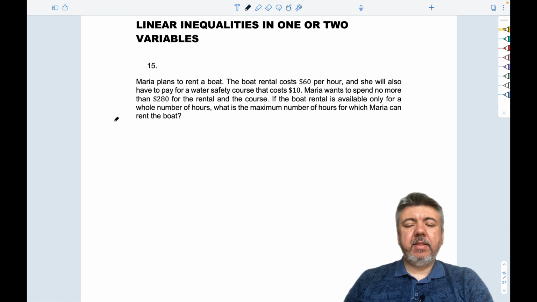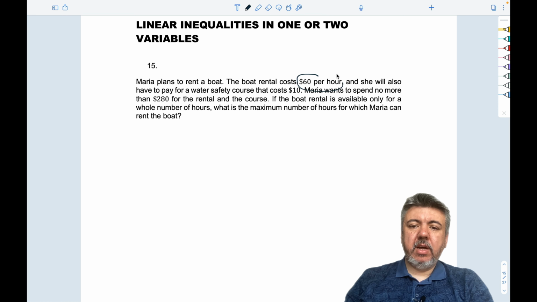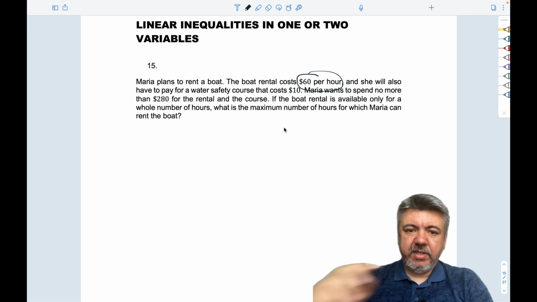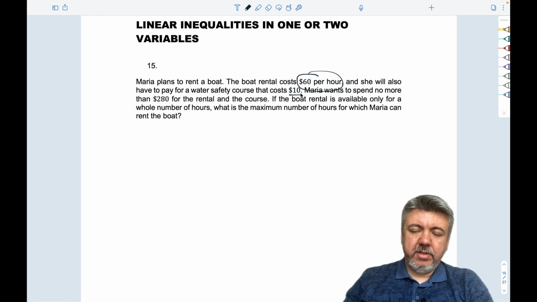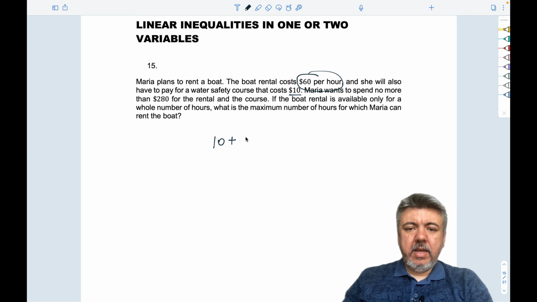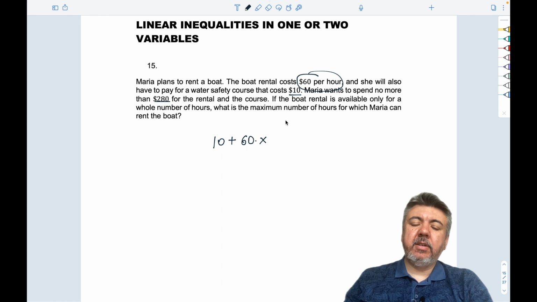Maria plans to rent a boat. The boat rental costs $60 per hour, and she will also have to pay for a water safety course that costs $10. So $10 is a fixed cost for her, and then $60 for every hour she rents the boat, and she wants to spend no more than $280.